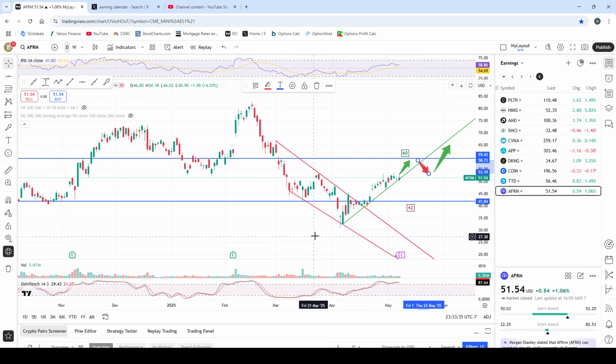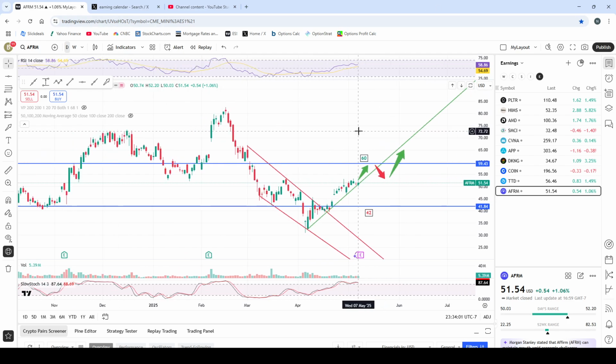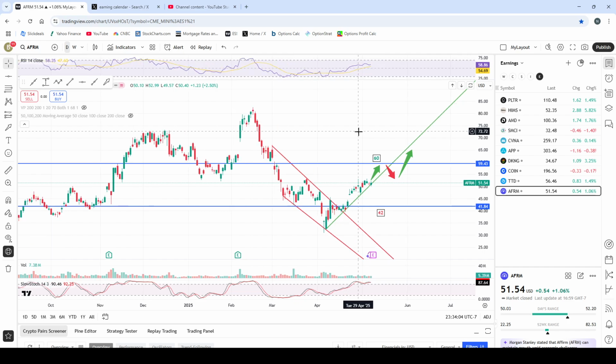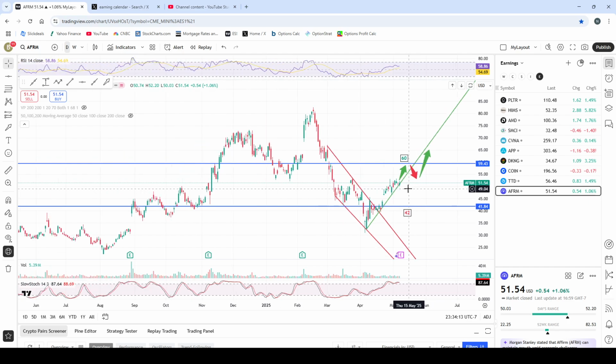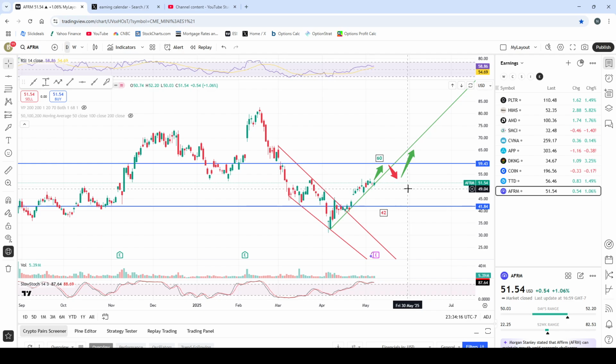Remember that stocks don't go in a straight line. They go up and down, and then up and down, up and down. It really depends. Just like this, it doesn't go all the way down like this. It goes down, bounces up, down. You can see how I predict. I look at a stock one week at a time, and then just look for the price action and its direction. But for Affirm, it looks like it has a good opportunity to move higher after earnings.